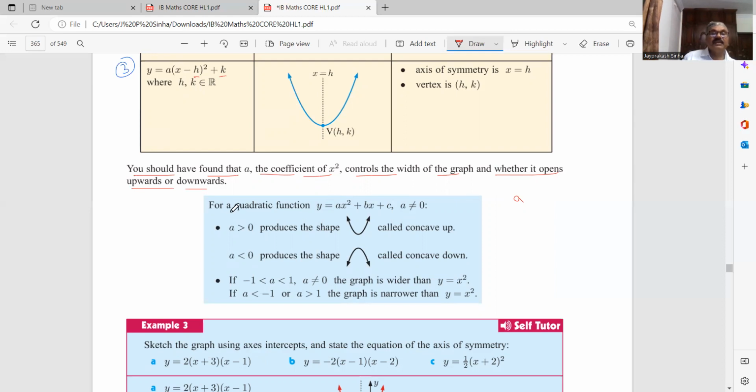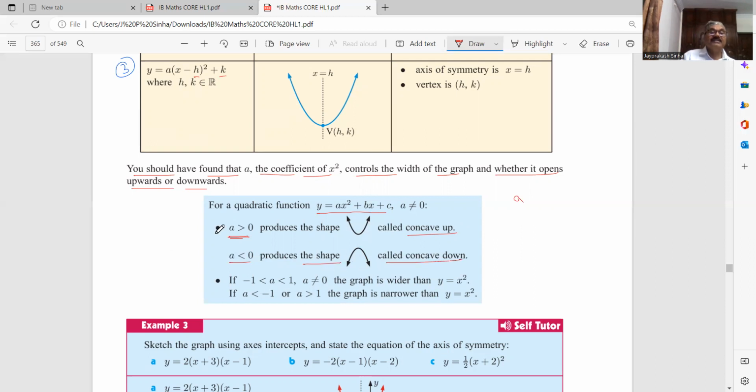For a quadratic function y is equal to ax square plus bx plus c, a is not equal to 0. If a is greater than 0, meaning a is positive, this produces the shape called concave up, opening upward. And if a is less than 0, this produces the shape concave downward.